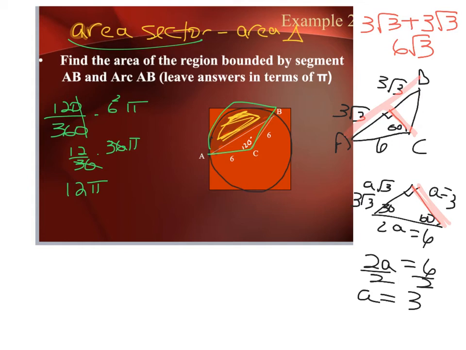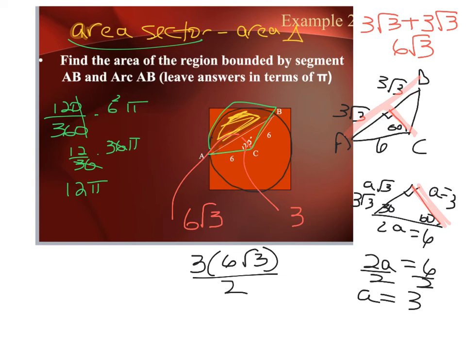So over here in my triangle, the base is 6 root 3, and the height of this triangle is going to be 3. So to find the area of the triangle, I'm going to do 3 times 6 root 3 divide by 2, or times by 1/2. I could get 18 root 3 over 2, simplify this, and the area of my triangle is 9 root 3.